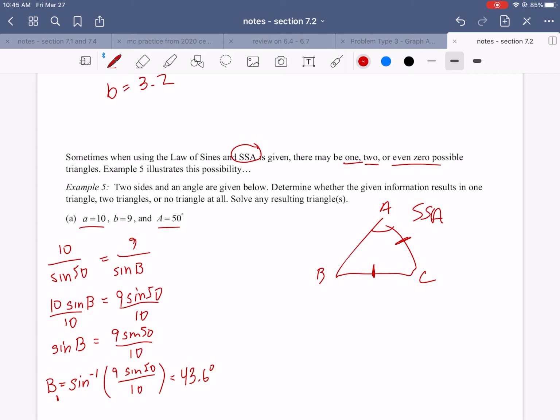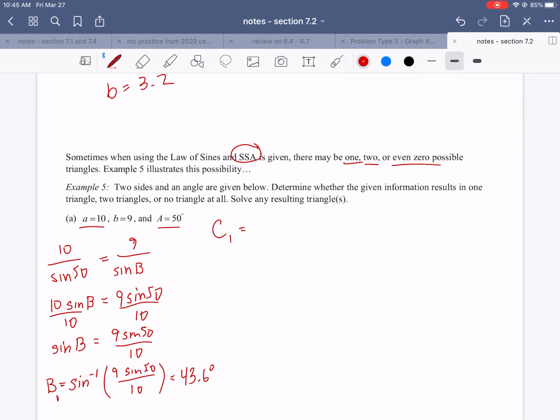Now, the fact that you got an answer when you type that into the calculator tells you that there is at least one triangle. So I'm going to now put this as B sub 1 to indicate that this is for the first triangle. And I'm going to finish solving this first triangle before I determine if there's another triangle in this problem. So now for capital B1, I know that that's 43.6. I can now find capital C1.